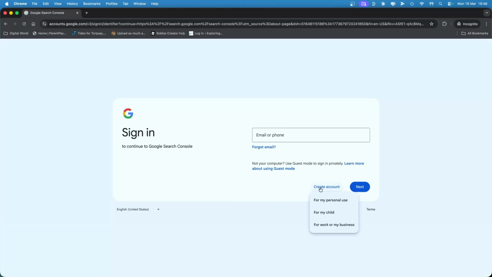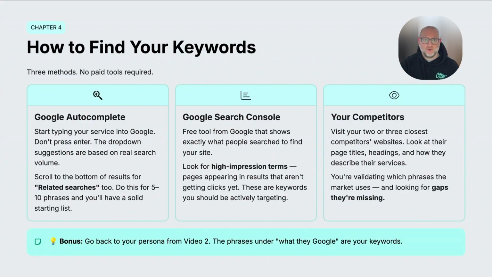It's completely free and it's relatively easy to set up. When you have this tool, it shows you the exact phrases people are using to find you. Even if they're not clicking through, those impressions tell you what's connecting. You might find searches you'd never have thought to target that are already pulling people towards you. This is the most direct keyword research you can do.